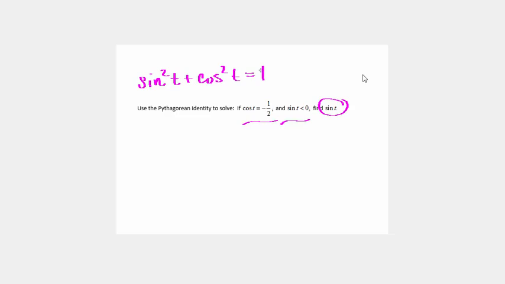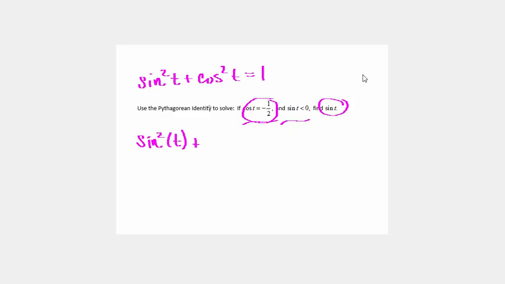So if that's our identity, and we know some information we can plug in, namely, if cosine of t is negative 1/2, we'll just substitute that in this equation. So let me rewrite what we'll have, which is sine squared t. Now notice, we don't know what sine of t is. That's not given. All we know is that it's negative. So we'll have to use that eventually, but we don't have a value for it yet. So I'm just leaving sine squared t in the equation. But I do have a value for cosine of t.